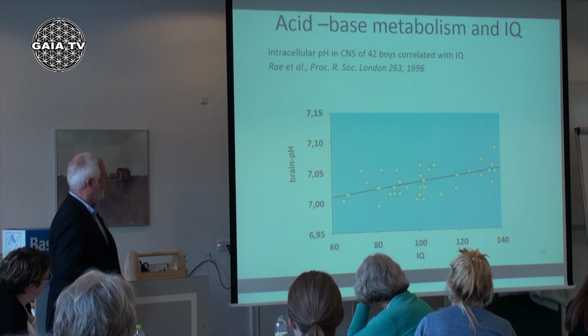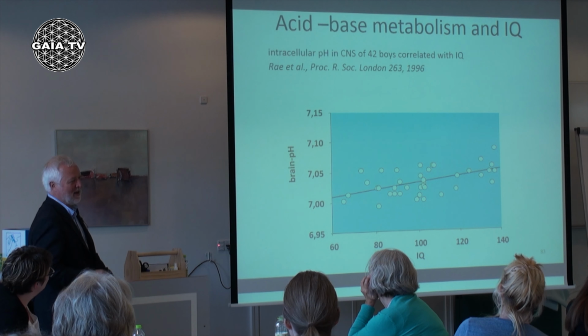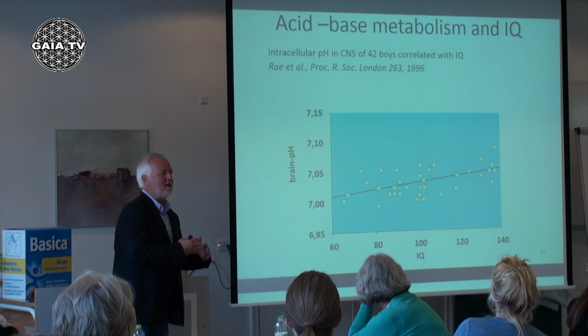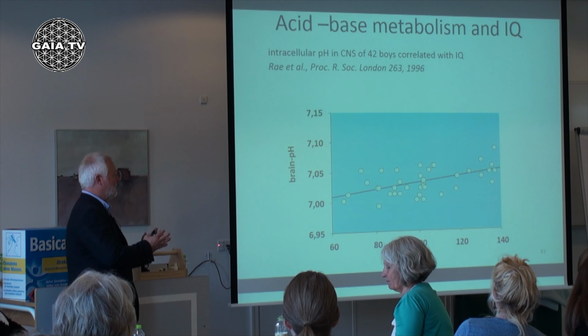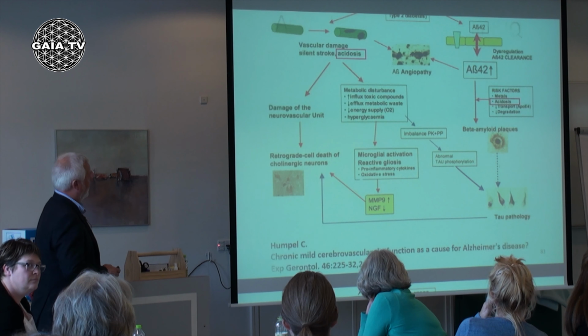What you can say is the more acidic, the more stupid. Unfortunately, it was not done that these boys were supplemented with alkalines to see after some years where they are. For sure, it's not so easy. It simply should show you that there are very interesting connections between acid-base balance and many physiological functions.